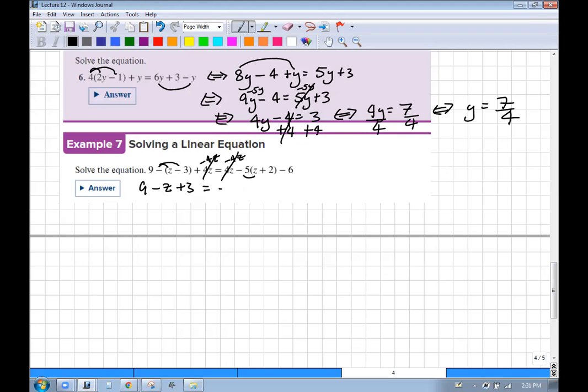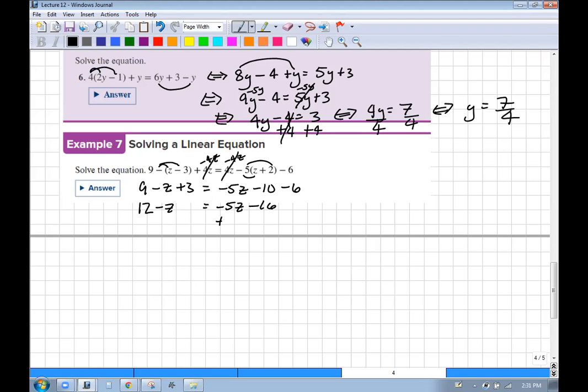Now this gives me a minus 5z, minus 10, and a minus 6. All right, now let's get stuff together. 9 and 3 make 12. And then the 10 and the 6 will be 16.